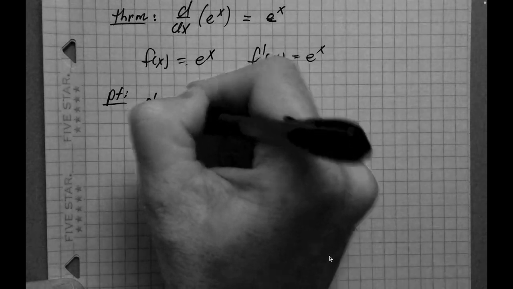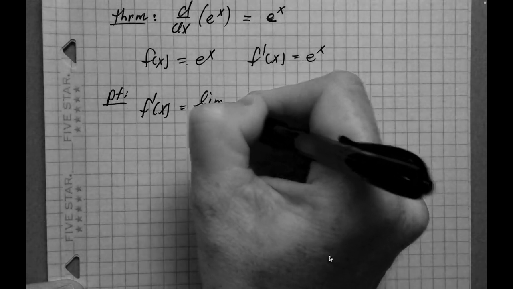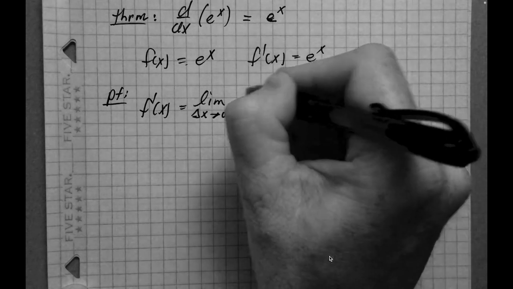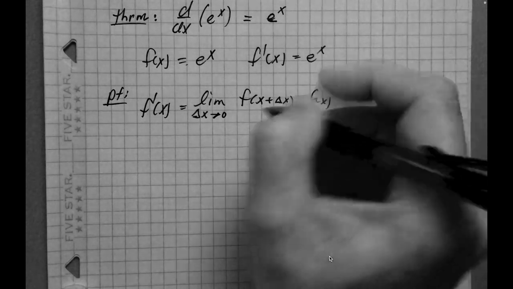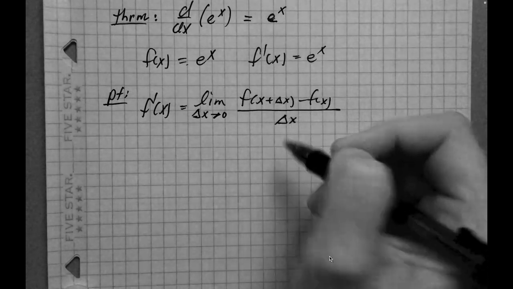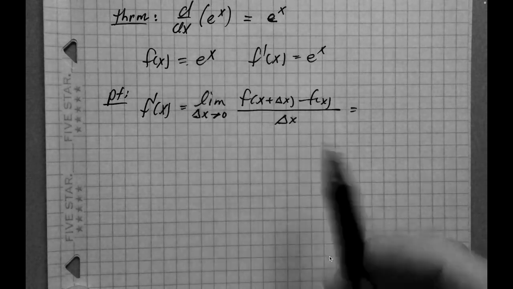So f prime of x is equal to the limit as delta x goes to 0 of f of x plus delta x minus f of x all over delta x. Okay, now what we've got to do is, for these f's up here, plug in the function e to the x.